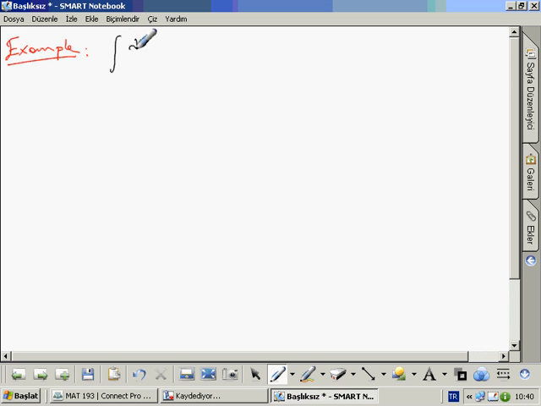The integral of dx over e to the x plus e to the power of minus x, which is the integral of e to the x dx over e to the power of 2x plus 1. What will we do now?